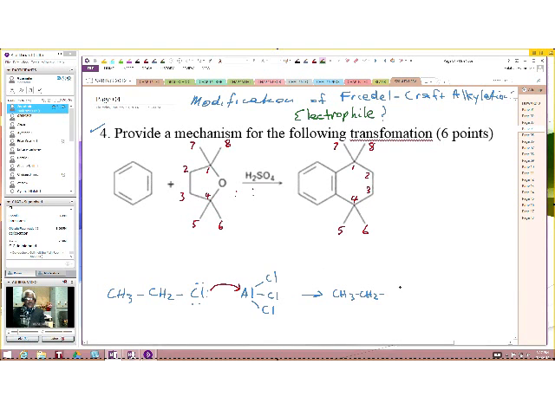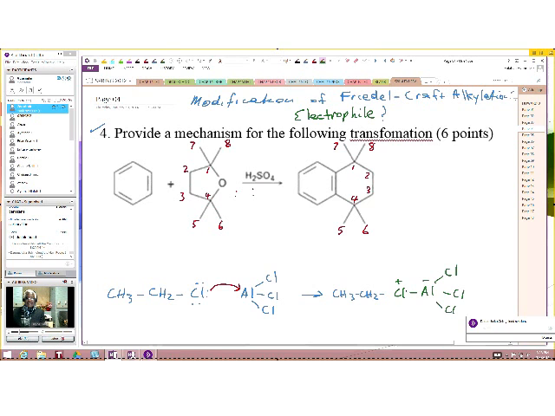Okay, so now you have this, and as a result of the fact that we have now donated the electron to this aluminum, that will weaken this carbon-chlorine bond so that this bond will break, and then you get the carbocation.